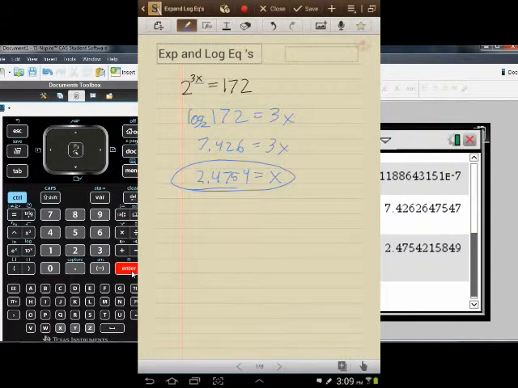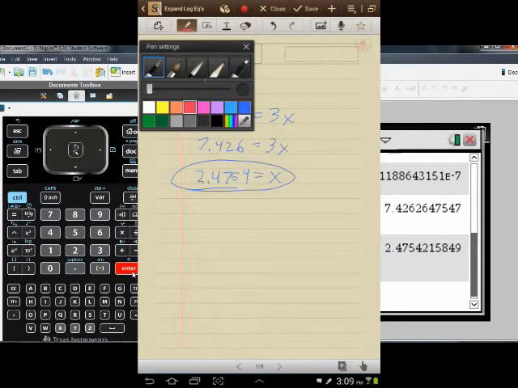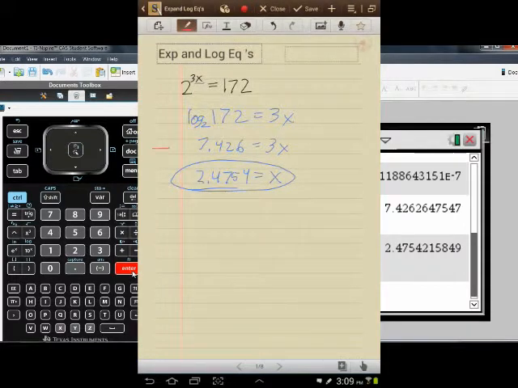One comment I'm going to make really quick about this, though, is at this step here, I wrote that down on my paper to show my work. However, on the calculator, I left the value I got from log base 2 of 172, and divided that by 3. On the paper, just to keep track of what I'm doing, I went ahead and rounded off.